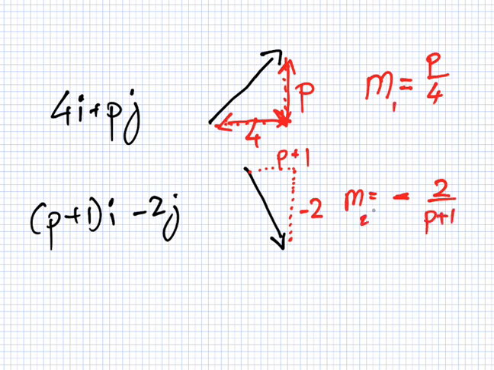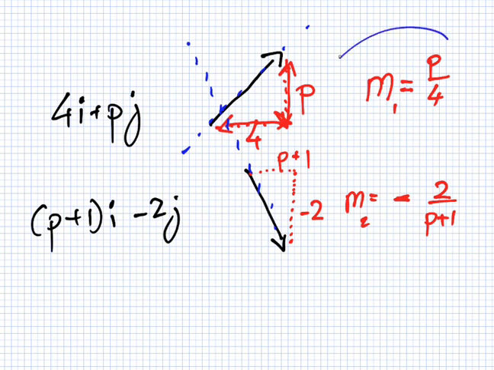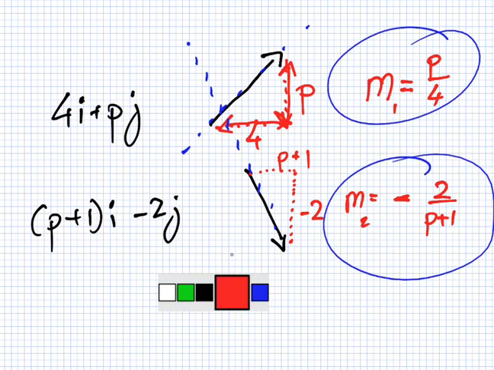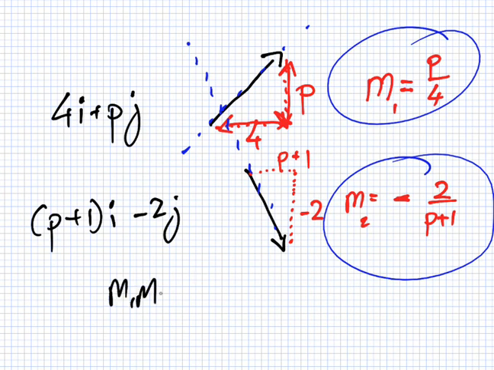So if I think of these as lines, there's the first line, and there's the second line. I know they're perpendicular, so what can I say about their slopes? They multiply, they should be minus 1. Do you remember that from maths? If they're perpendicular, it means this.